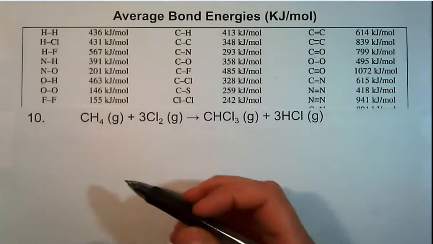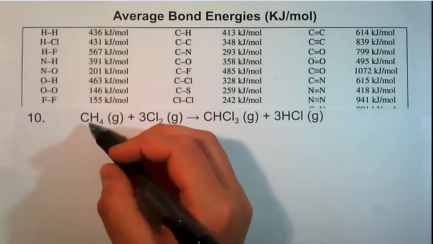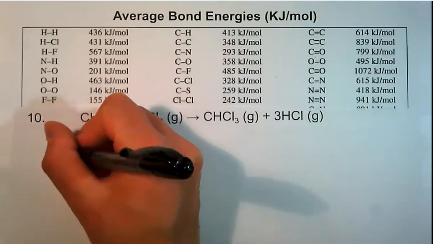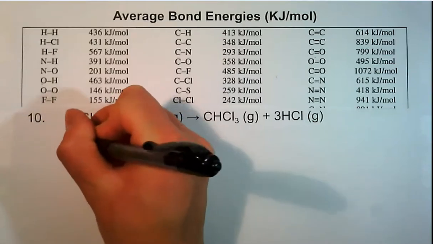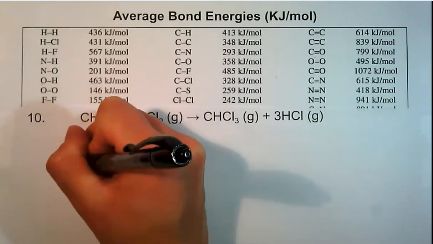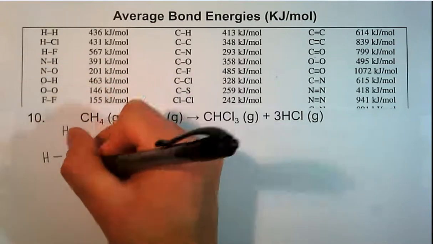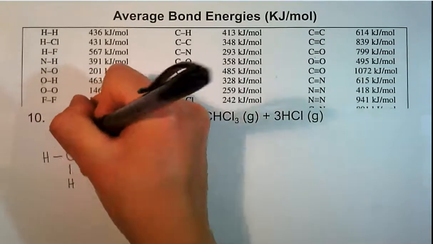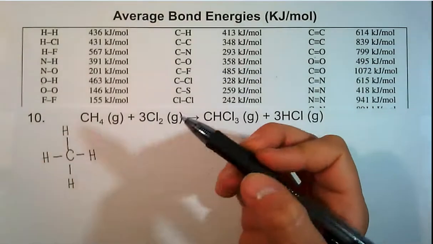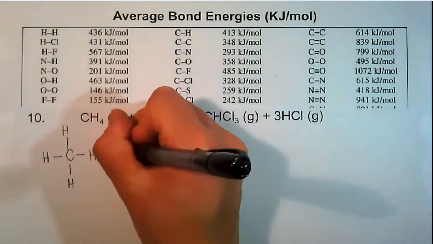Alright, our last problem here. We have CH4. Hydrogen's not going to go in the middle, so carbon is. And those 4 hydrogens will go around that carbon. There's my Lewis structure, and I only have one of those, so I don't need to draw it more than once.